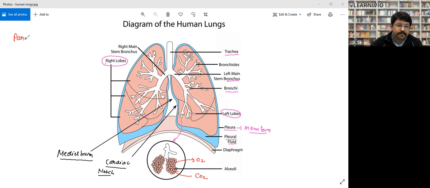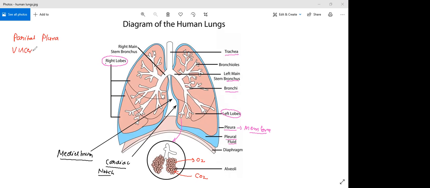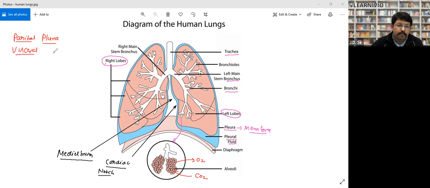Outer parietal pleura and inner visceral pleura, which closely invest the lung. Full stop.